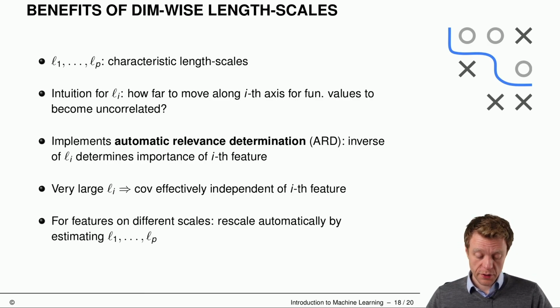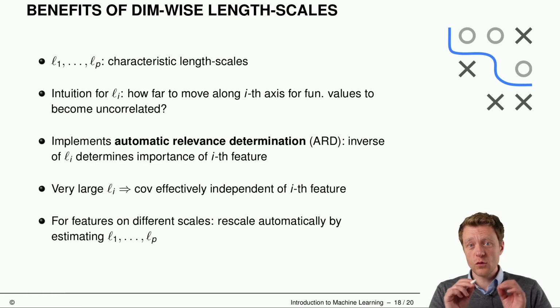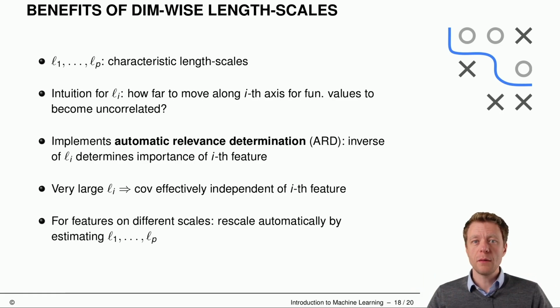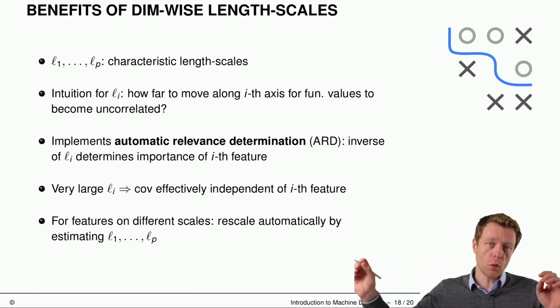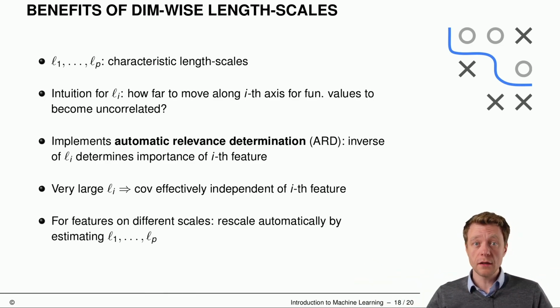So we have these p different characteristic length scales now for p dimensions in the feature space, and the intuition for the length scale is how far do we have to move along this one axis to become uncorrelated. And if L is very large, then we have to move very far away to become uncorrelated. So we could use this to determine the importance of a feature.